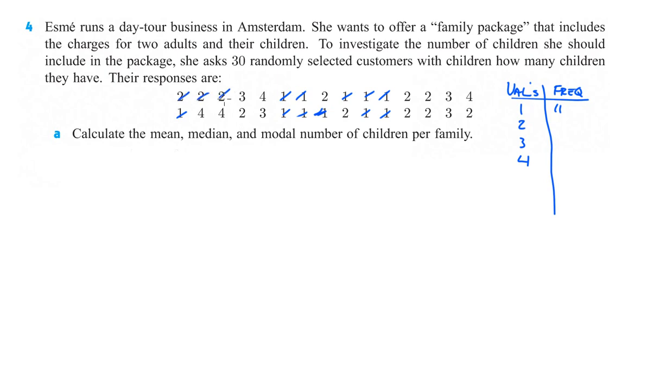And then we've got 1, 2, 3, 4, 5, 6, 7, 8, 9, 10, 11 twos. 1, 2, 3, 4 threes, and then 1, 2, 3, 4 fours. Okay? Mean, median, and modal number of children per family is what we're looking for.